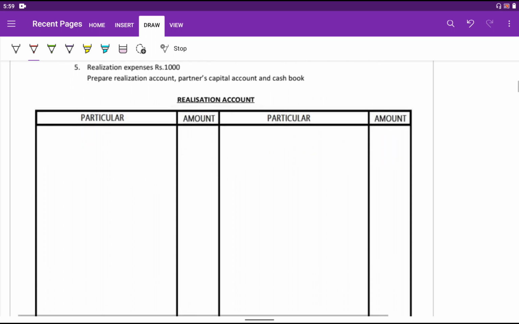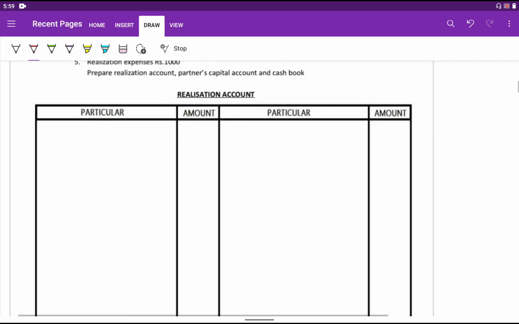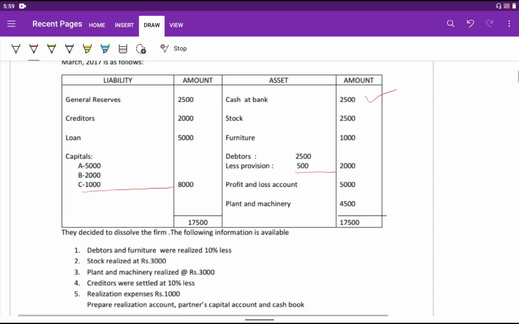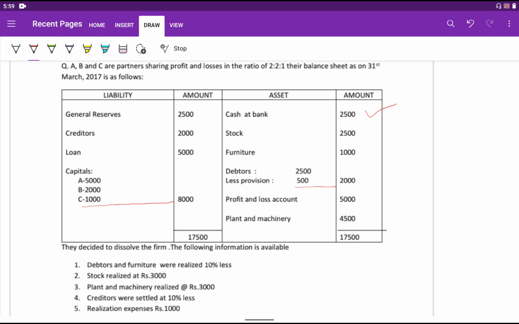So the first thing we want to do is realization account. There are three steps to do realization account. The first step is whatever is given in the balance sheet on the asset side and liability side, we will directly write into realization account, except capital, cash, and accumulated profit and losses.